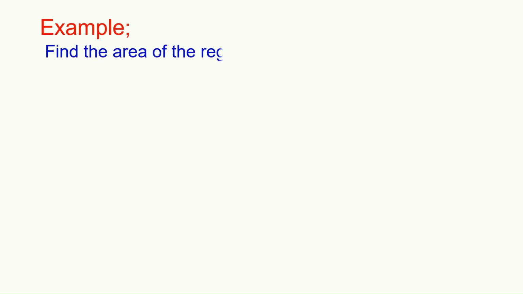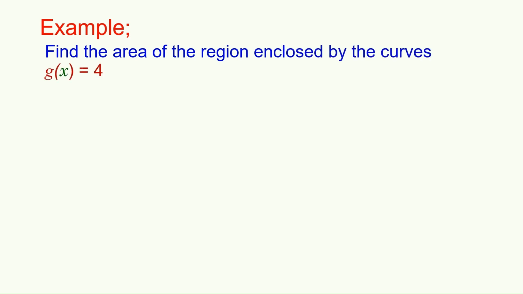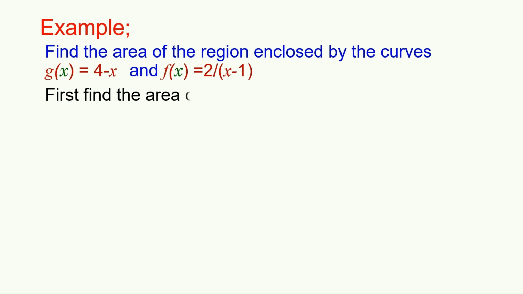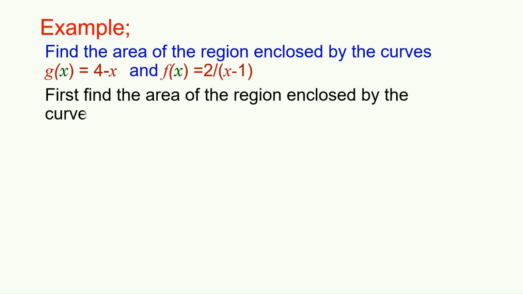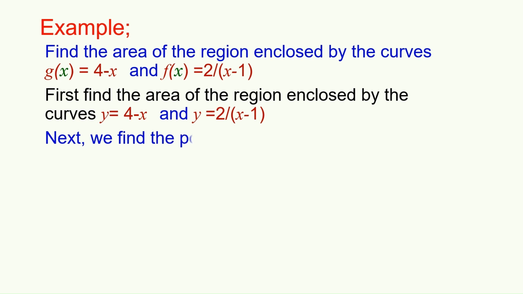Take another example. Find the area of the region enclosed by the curves g(x) equals 4 minus x and f(x) equals 2 divided by (x minus 1). First find the area of the region enclosed by the curves y equals 4 minus x and y equals 2 divided by (x minus 1).